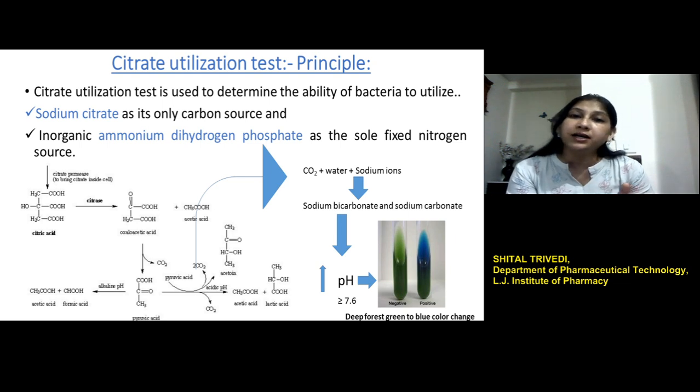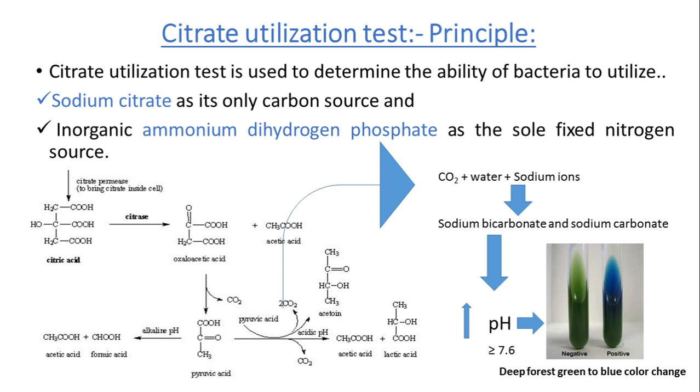The citrate permease transports the sodium citrate from outside the cell to the inside of the cell, and then the citrase metabolizes the citric acid into oxaloacetic acid and acetic acid. Now the oxaloacetic acid decarboxylation results in pyruvic acid.